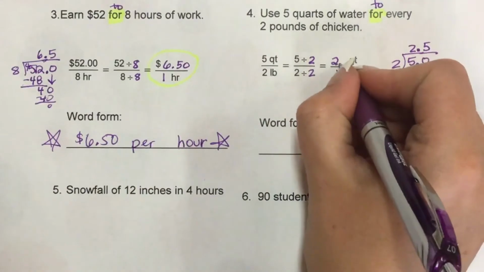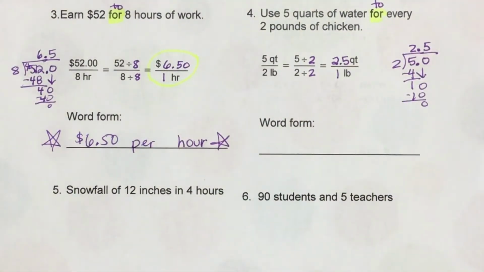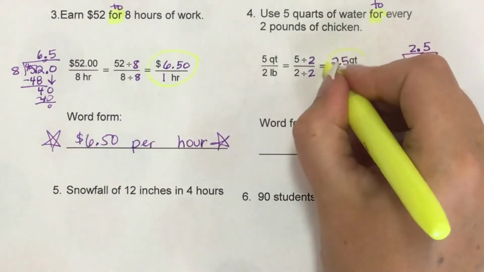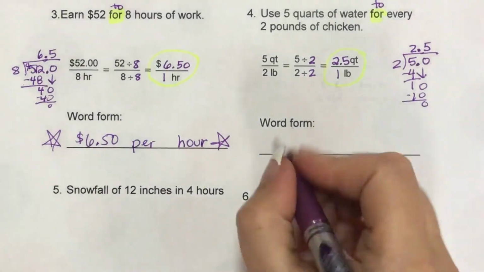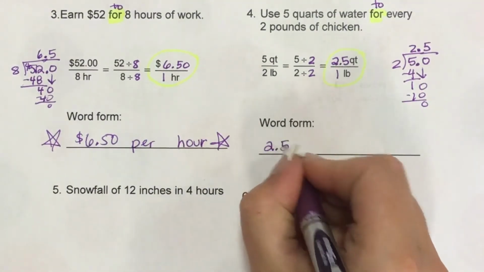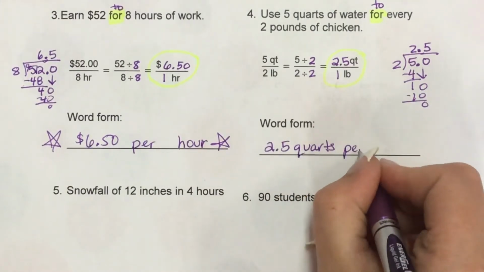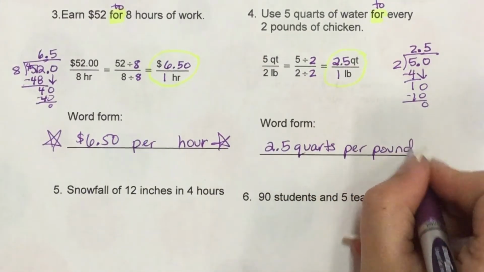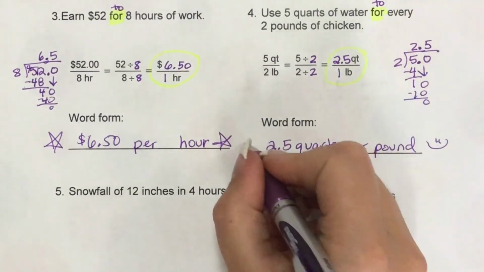It's 2.5 quarts. So that is the unit rate. The unit rate is 2.5 quarts per 1 pound. So in word form, we would write 2.5 quarts per pound. Okay, so if you got both of those right, great job, smiley face for you.